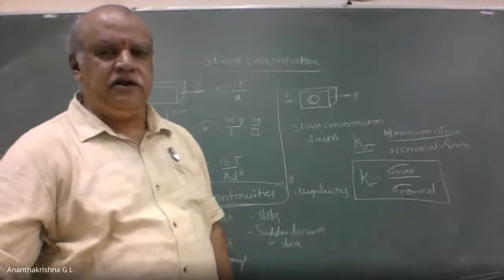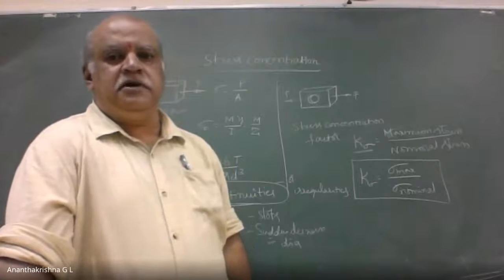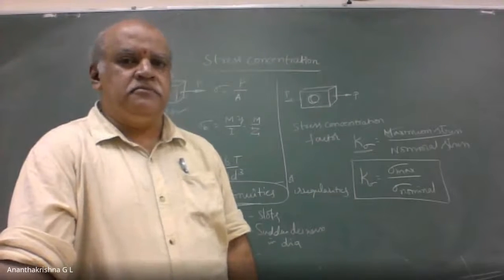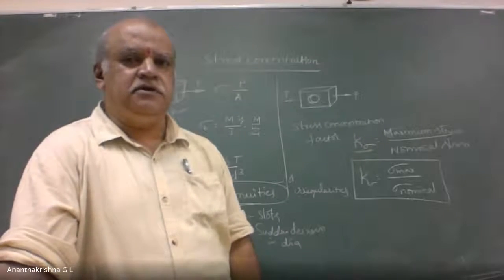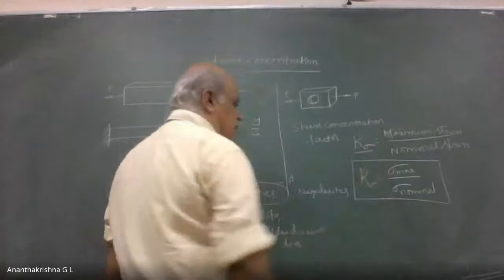Why greater than 1? Sai Sumant, why should it be greater than 1? The maximum value should be more than the nominal stress. Yeah, exactly. Therefore, K sigma should be larger.